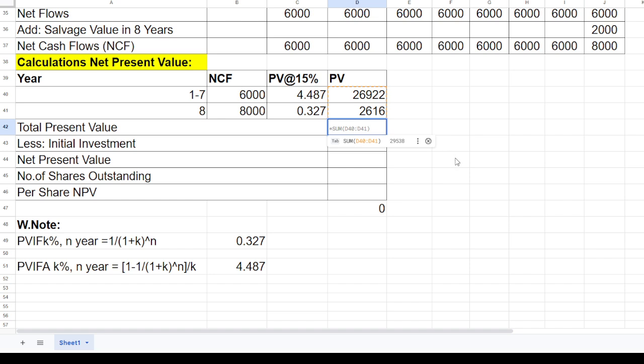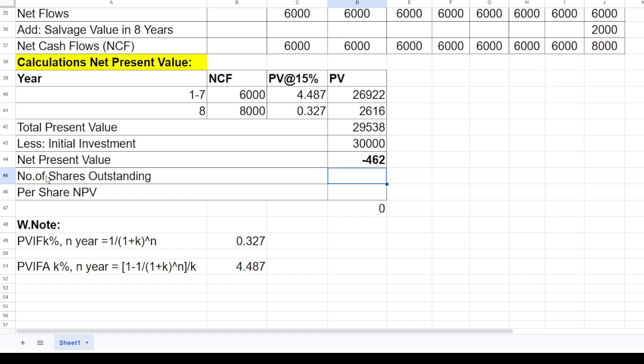Now what about the sum? The sum is 29,538. Now the initial investment, that is the launching cost, is 30,000 given in the question. So the net present value would simply be total present value minus your initial investment. So you would have 462 negative as our net present value.